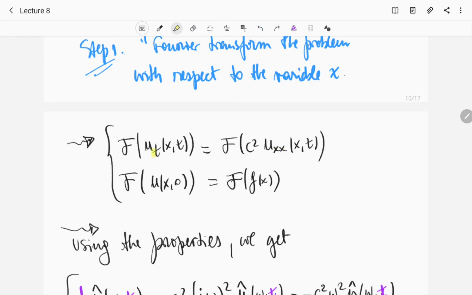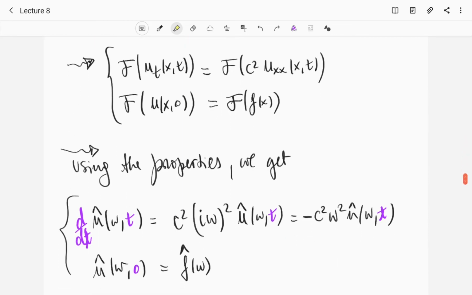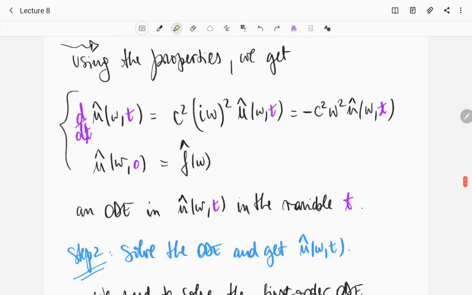And here we know that this derivative goes out of the Fourier transform because we are transforming with respect to the variable x, so the derivative in t doesn't affect it. And here we have just the Fourier transform of u in omega 0. Okay, so what I just said is written here. The derivative goes out. Here we have the Fourier transform of u in omega t. The c square, because of the linearity, goes out. The factor, because of the second derivative in x, and the Fourier transform of u in omega t.